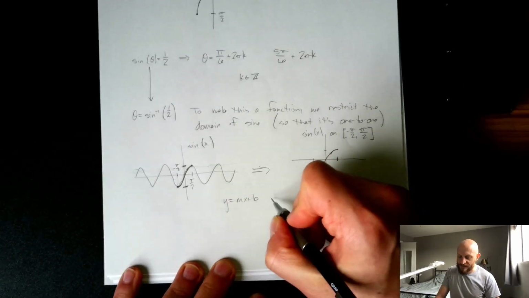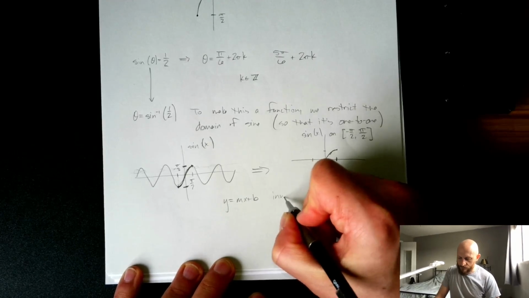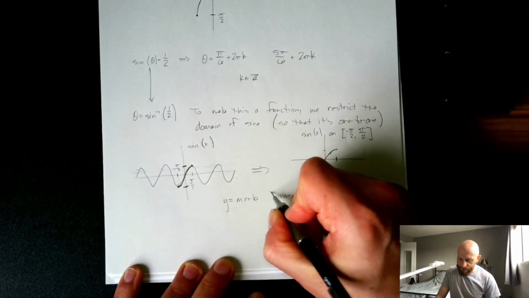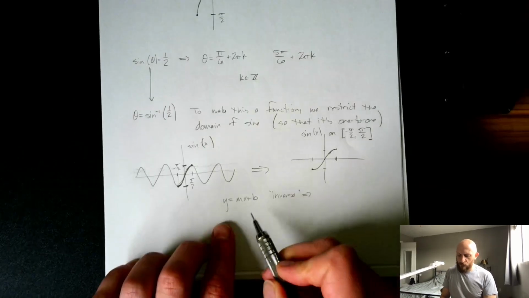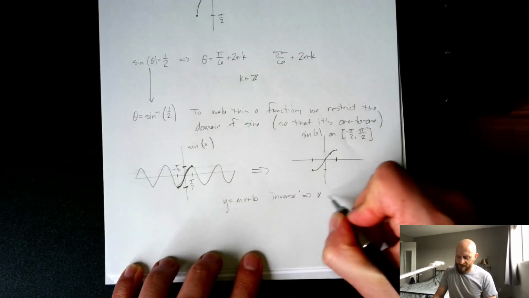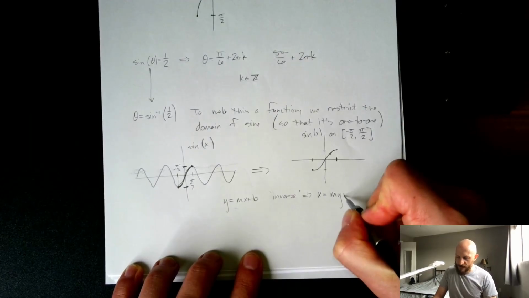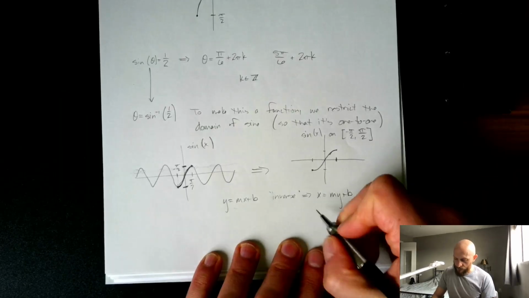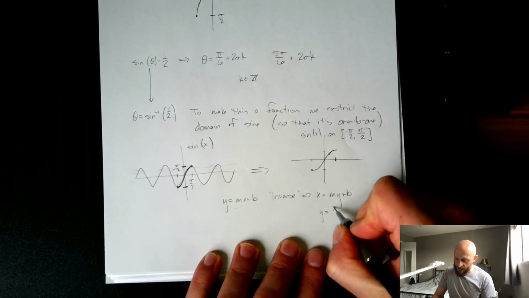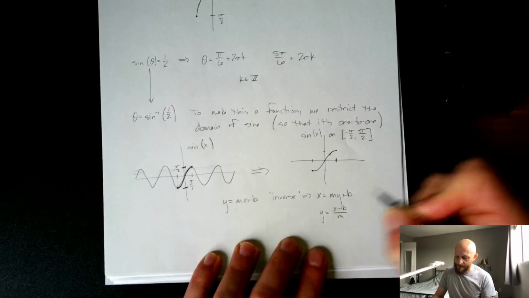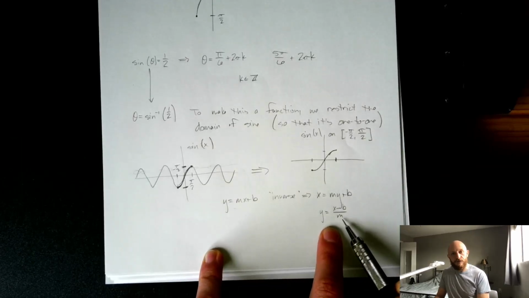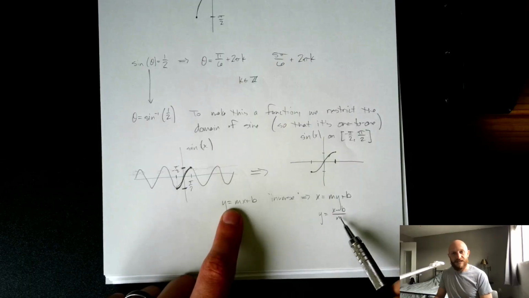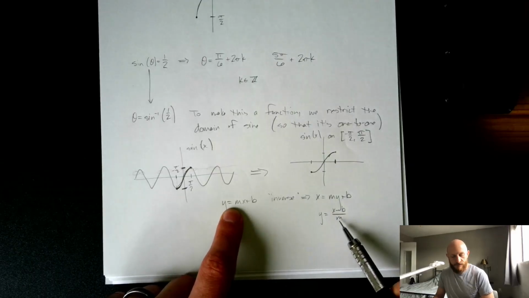If we wanted the inverse of this, swap x and y, so write this as x equals my plus b, and then solve for y. So what would it be? y equals x minus b over m. This is the inverse of the given linear function, right?